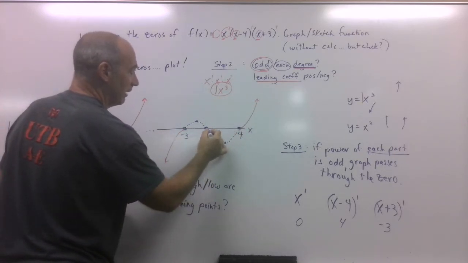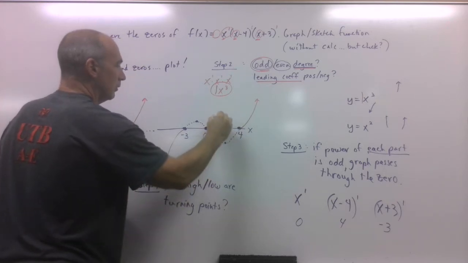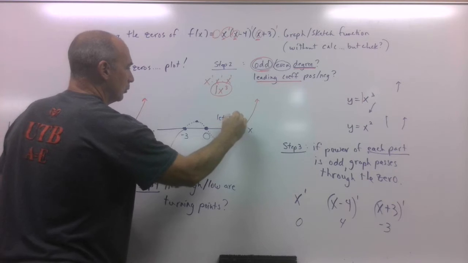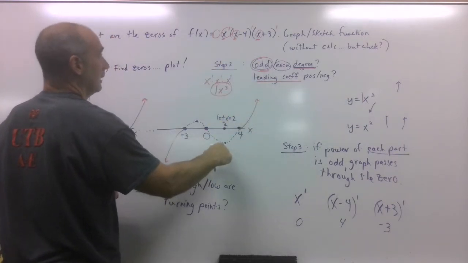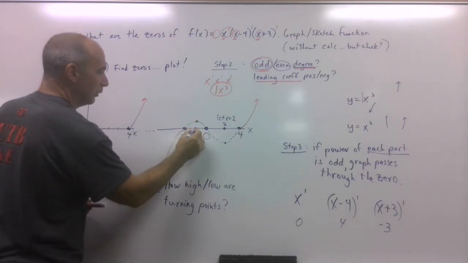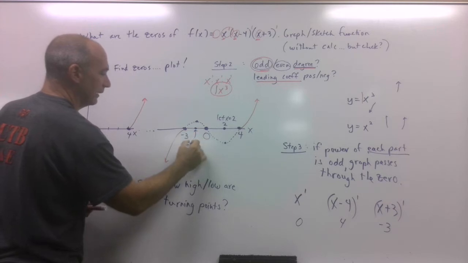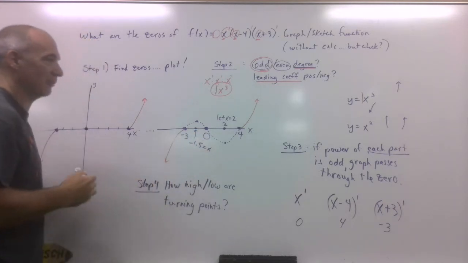What's halfway between 0 and 4? 2. So we're going to let x equal 2, plug it in. We're going to find out exactly where that point is. It should be negative. And then we're also going to plug in this halfway point. Unfortunately, the halfway point is -1.5. So we're going to let x be that as well.